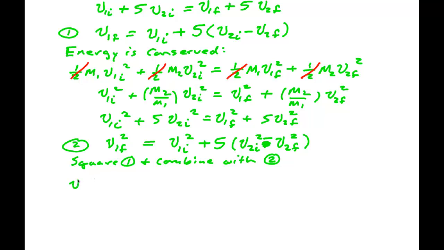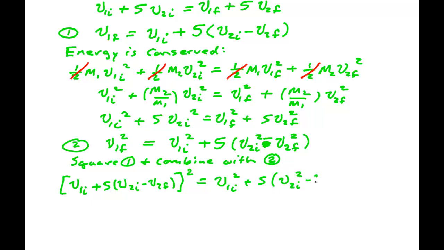I've got v1I plus 5 times v2I minus v2F, all of that squared, and that has to equal v1I squared plus 5 times v2I squared minus v2F squared.